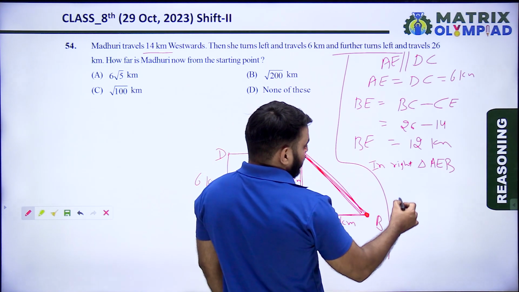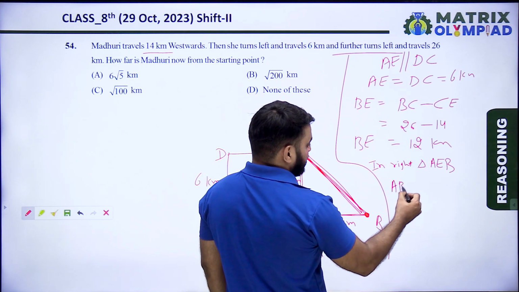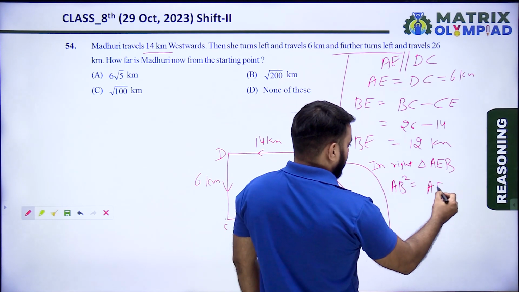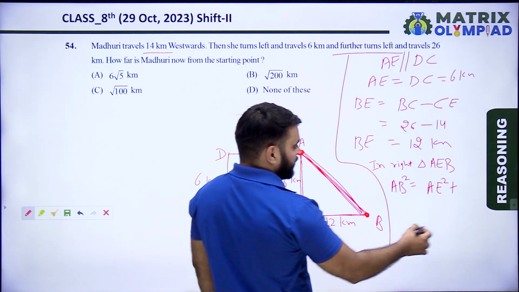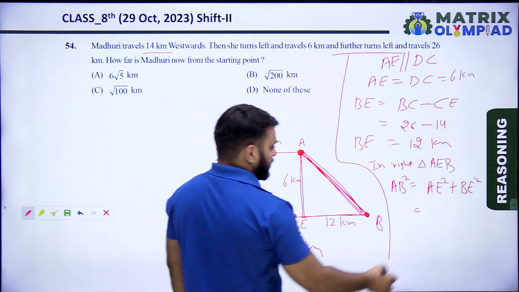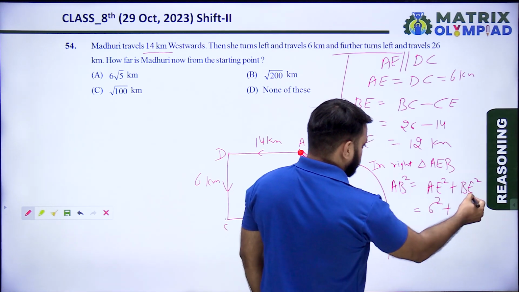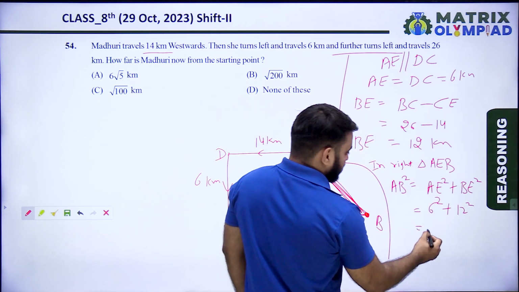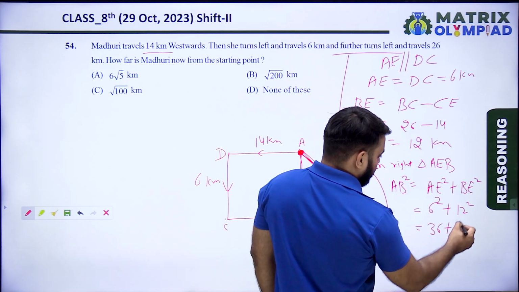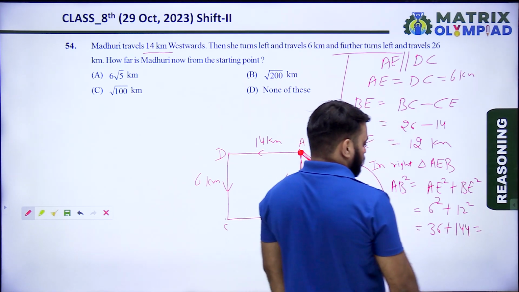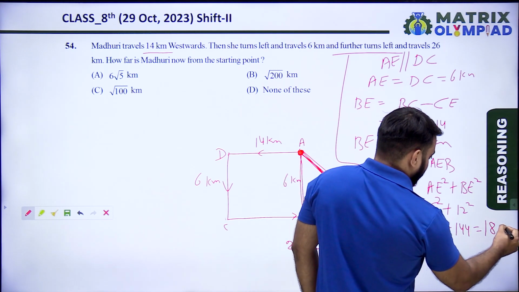So hypotenuse square, it means AB square, is equal to perpendicular square, it means AE square, plus base square, it means BE square. Now value of AE is 6, so 6 square plus value of BE, it means 12 square. So 6 square is 36 plus 12 square is 144. 36 plus 144 is 180.